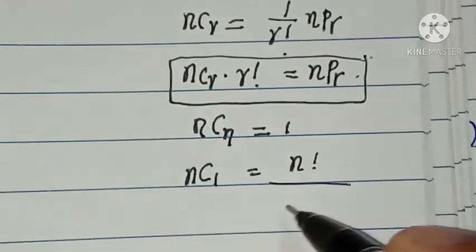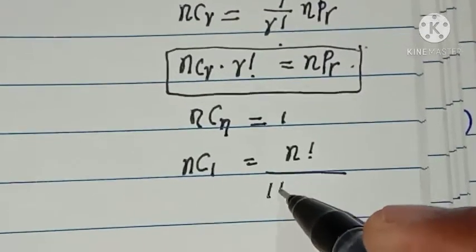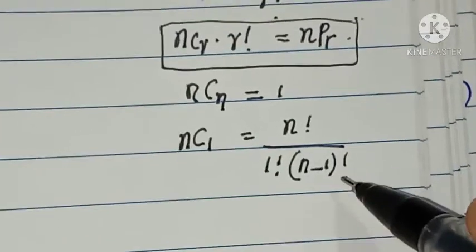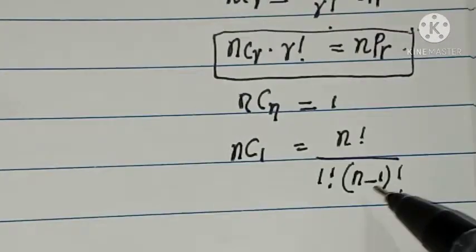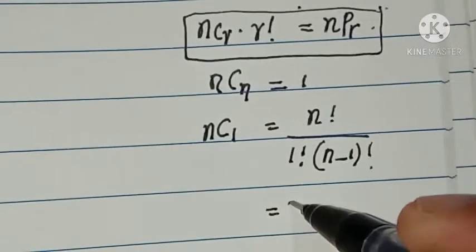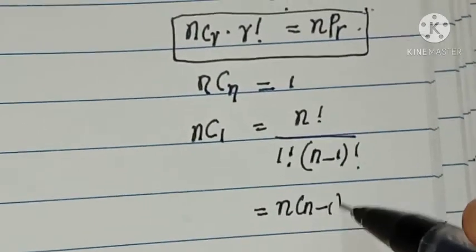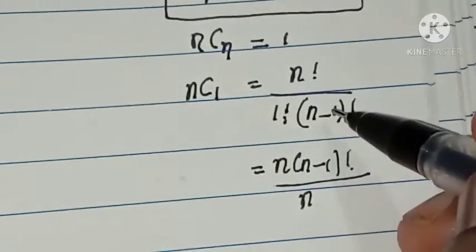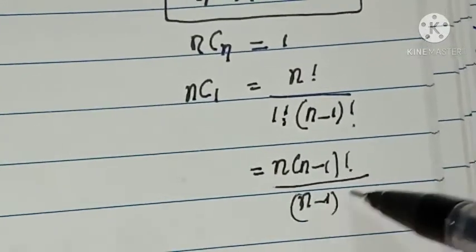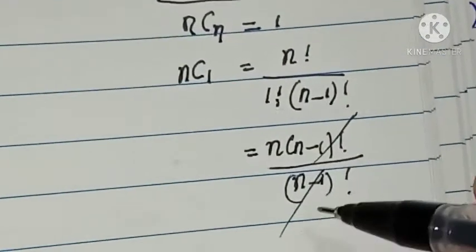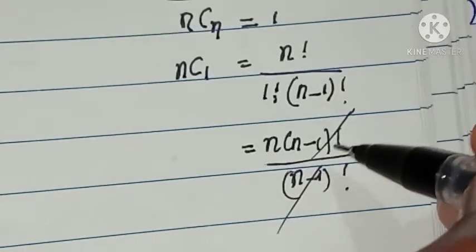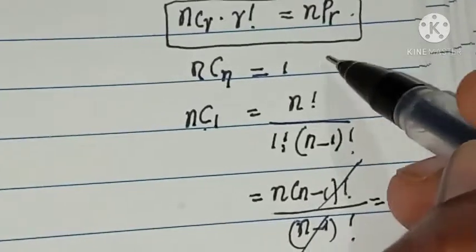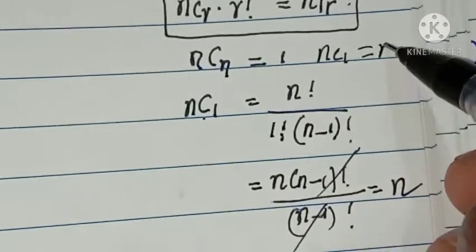Put r equal to 1: n factorial by 1 factorial into n minus 1 factorial. Now n factorial can be written as n into n minus 1 factorial, and 1 factorial is 1. Cancel n minus 1 factorial. So the result is n. So nC1 is equal to n.